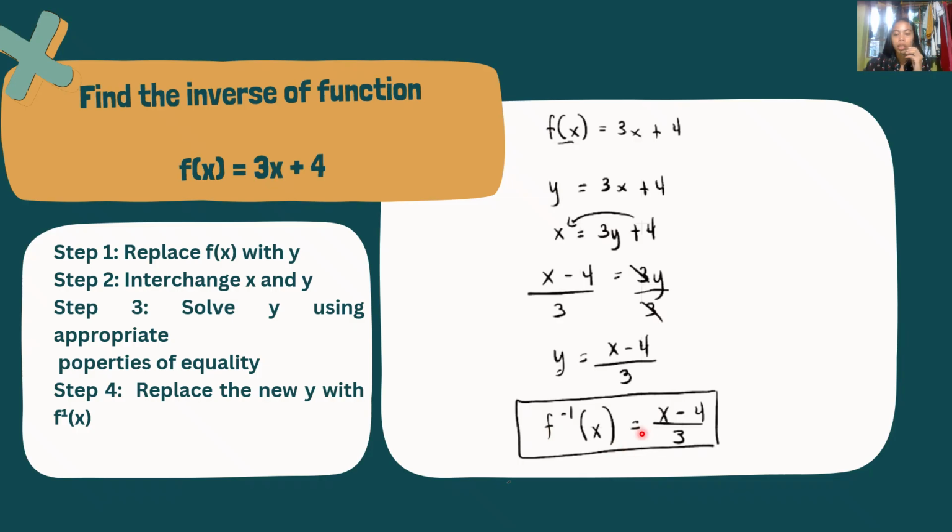Therefore, the inverse is f raised to the power of negative 1 of x is equal to x minus 4 over 3. So that is our inverse.